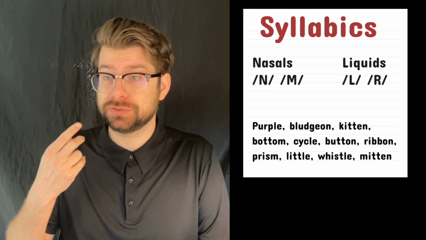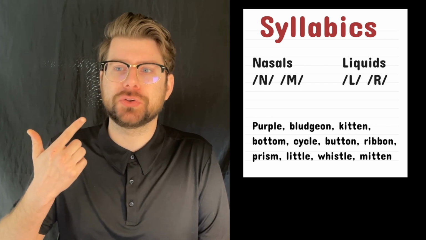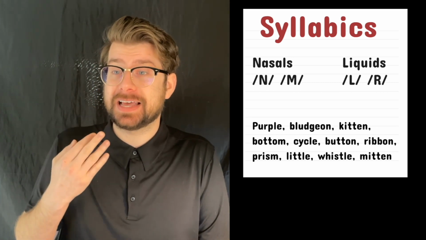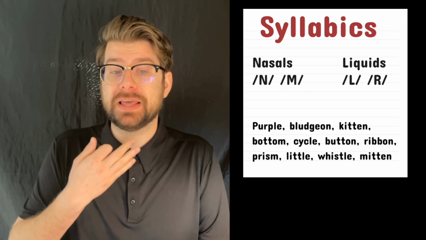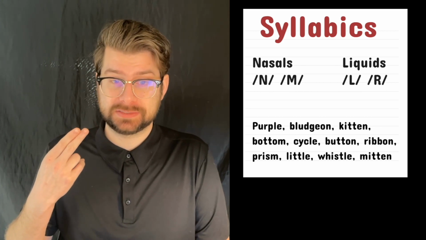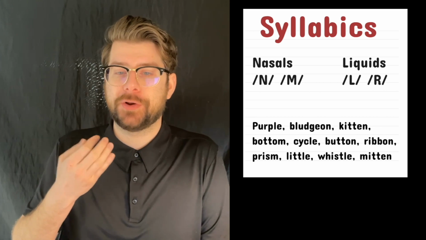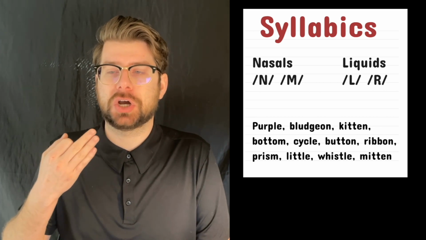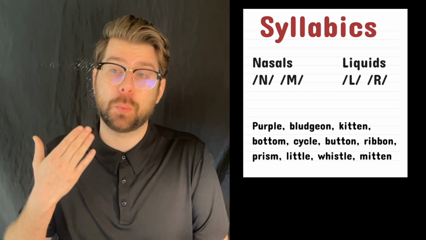Those are nasals, because the air moves through our nose. And then we have liquids. So we have l and r. And remember, liquids are sounds that have the qualities of a vowel.